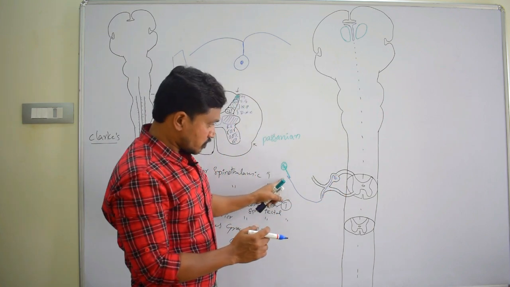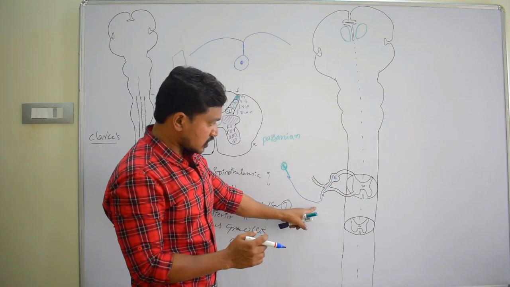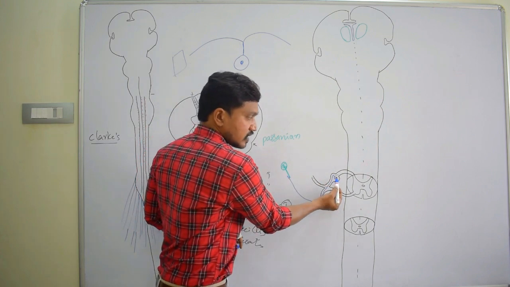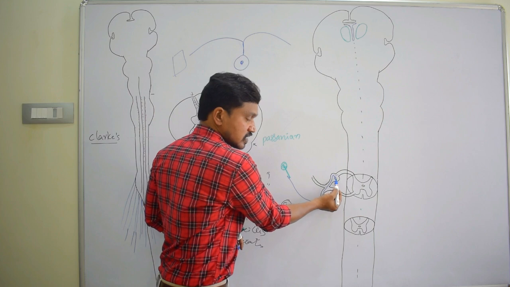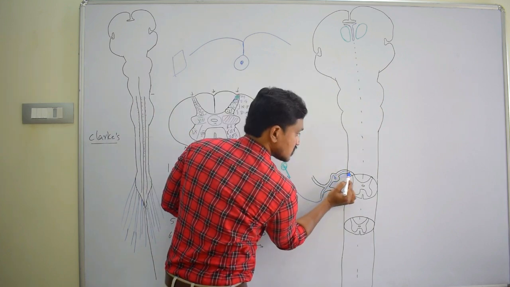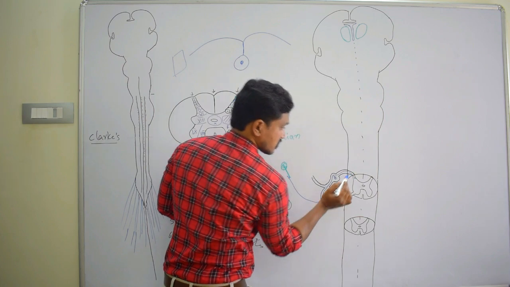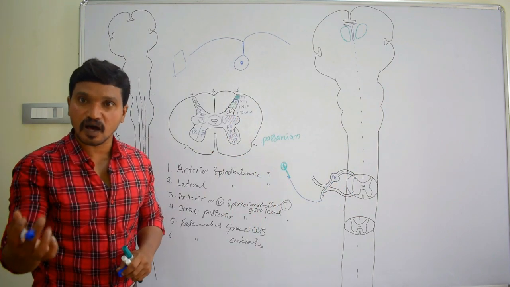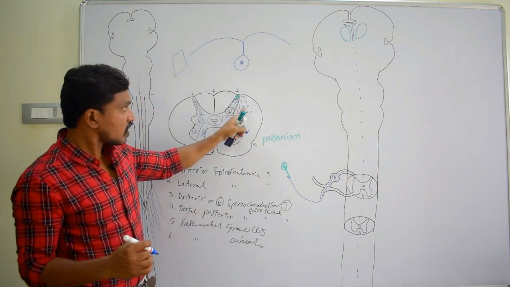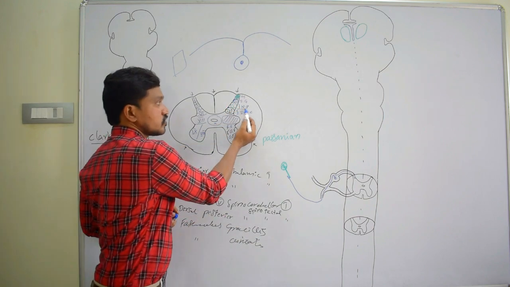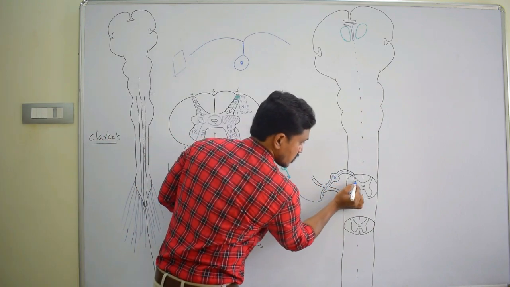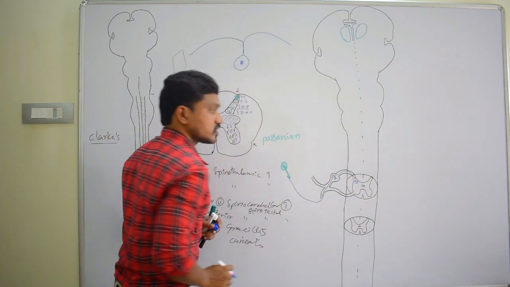That means this pressure information is carried by the peripheral process of pseudo unipolar cells, and from the cell, through the central process, this sensation reaches the posterior horn. In the posterior horn, cells are there. So it reaches the nucleus proprius, or chief nucleus. That means pressure sensations will be reaching the nucleus proprius.